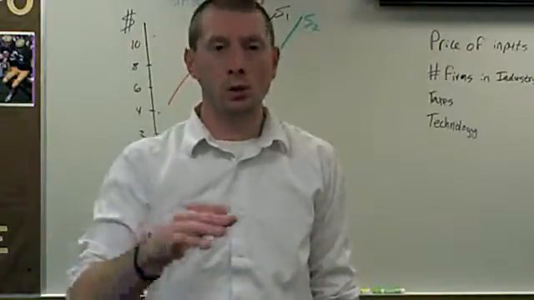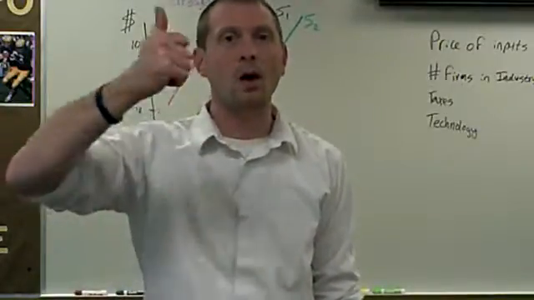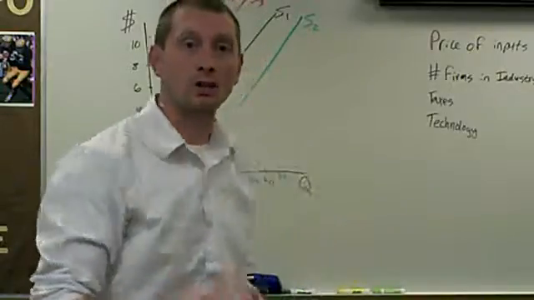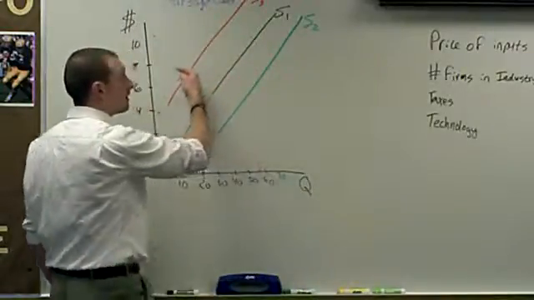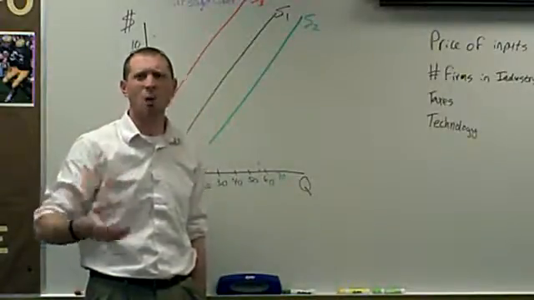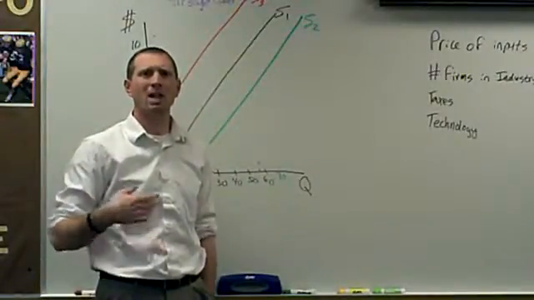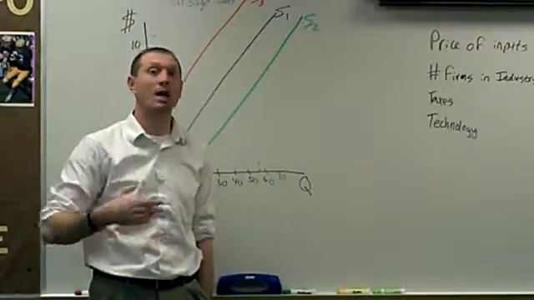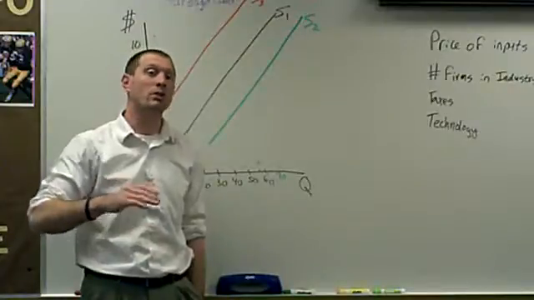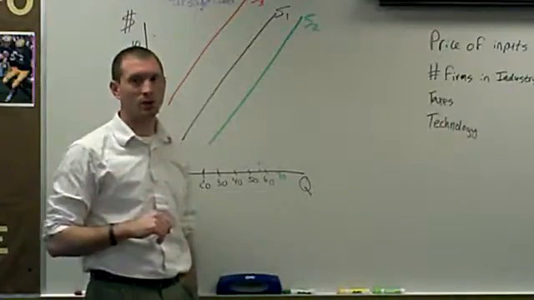Okay, but we all know usually utility costs don't go down, they go up, and so that will cause the supply curve to shift to the left from S1 to S3, an increase in utilities, lights, water, things of that nature. These are utilities, and these things normally get more expensive. So as those get more expensive, supply will decrease as a result, or shift to the left as a result.